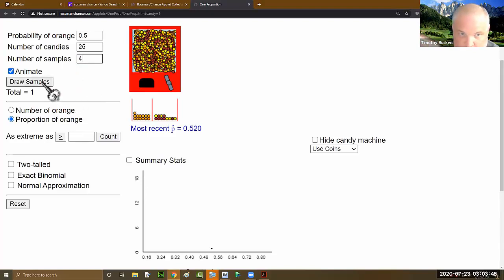Each time it takes a random sample, it's going to find a sample percentage, a value of p hat, the percentage of orange Reese's Pieces from the sample, and that value of p hat will be plotted on this dot plot down here as a single dot. So we should see 4 more dots down here after the simulation is run. Let's do it now.